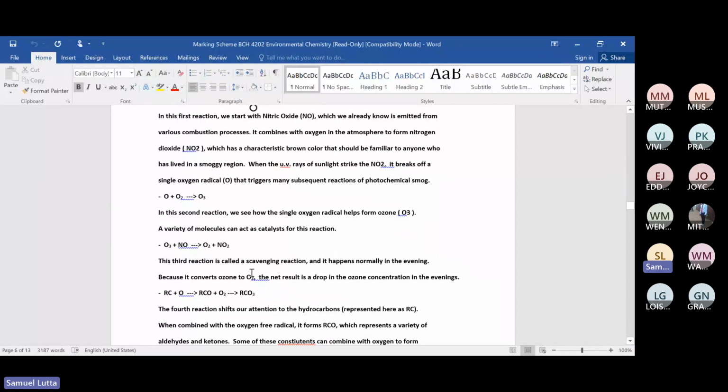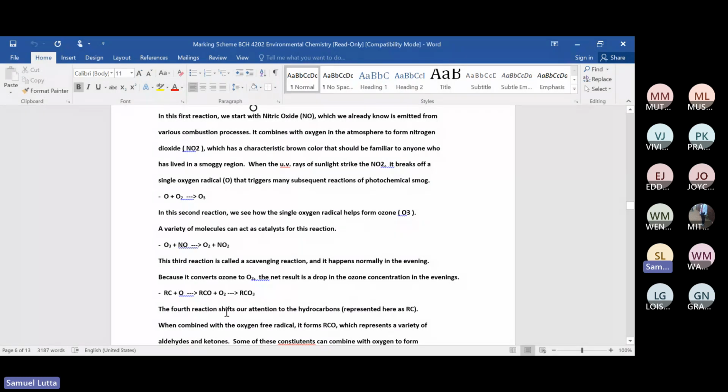so in this particular reaction, what happens is that the oxygen combines with the organics to form aldehydes, which can be further oxidized to peroxides. So here we are seeing after you have formed the nitrogen dioxide in the third reaction, in the evening, you could have another fourth reaction occurring.